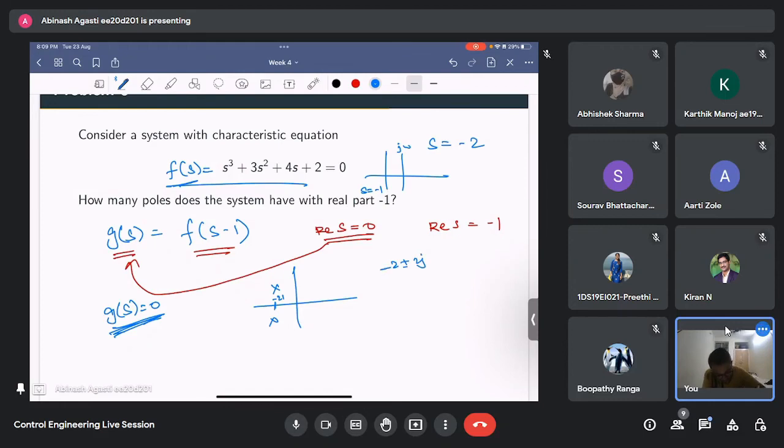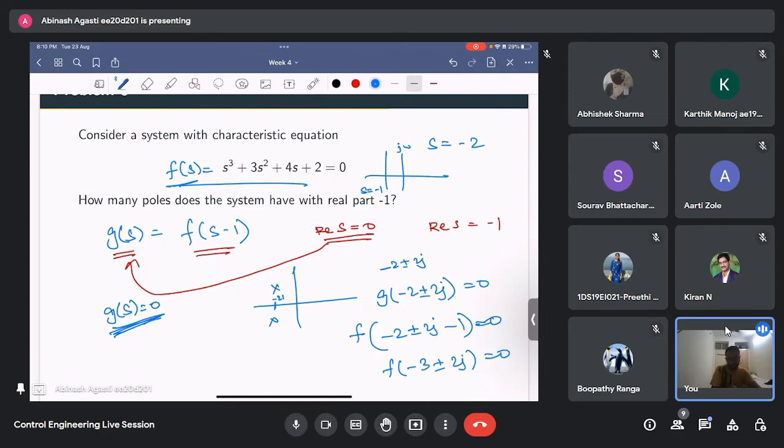So g(-2 + 2j) is equal to 0. That is what I have. But what is g? It is f(s - 1). So I have f(-2 + 2j - 1) equal to 0. So that means f(-3 + 2j) equal to 0.